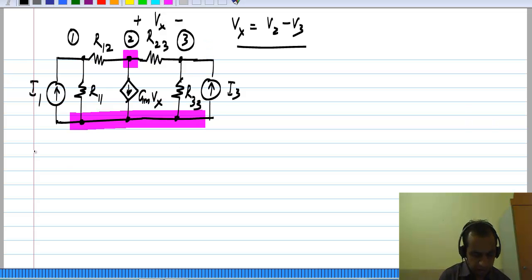So if I write the equation for node 2, what will I get?